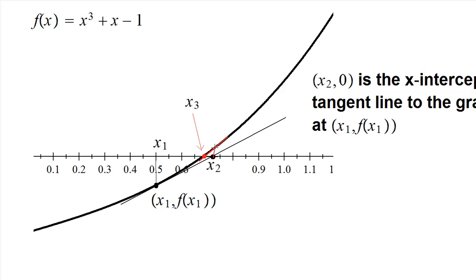go ahead, repeat the process, and we can see that the derivative at x2 is not equal to 0, or the tangent line has a non-zero slope, so we can carry that process out.